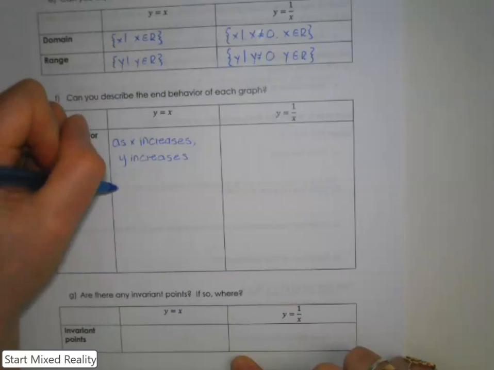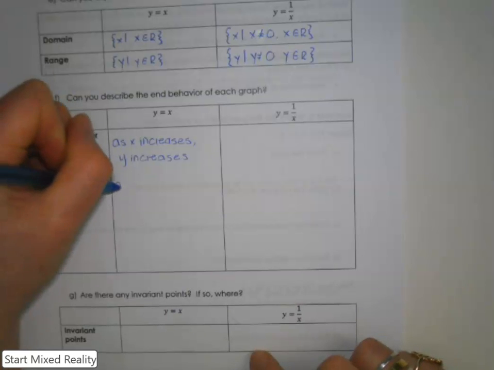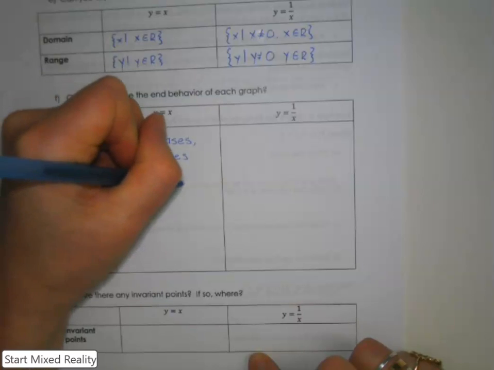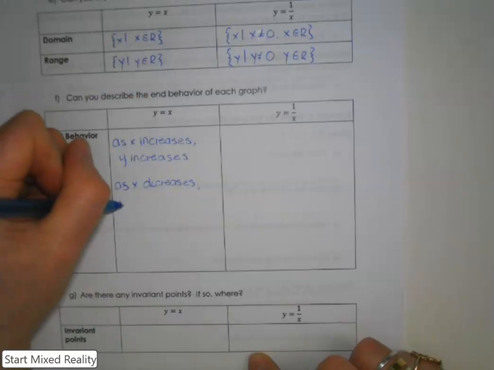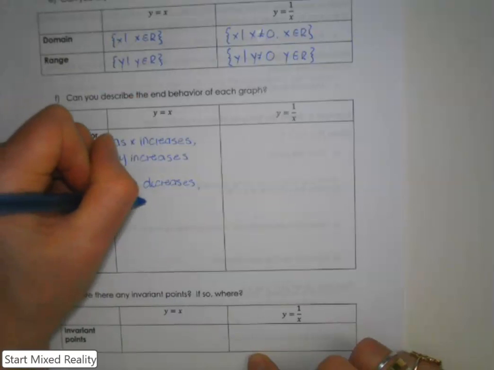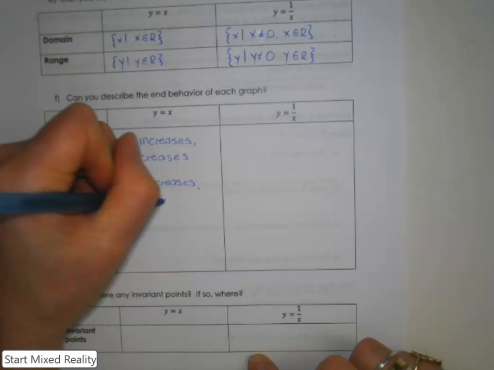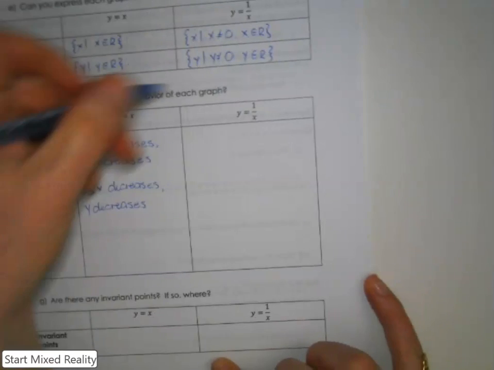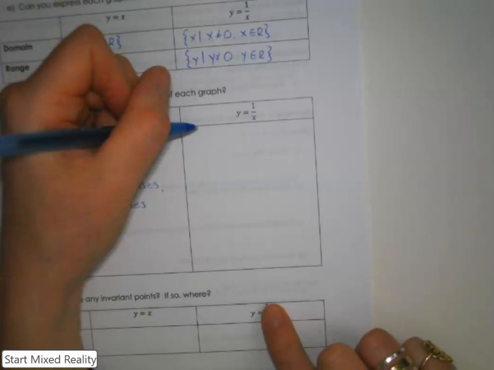Okay, and then also, like I just mentioned, as x decreases, y decreases. Those two things are happening exactly the same because they are equal to each other. For the reciprocal, what would we say as x is increasing?